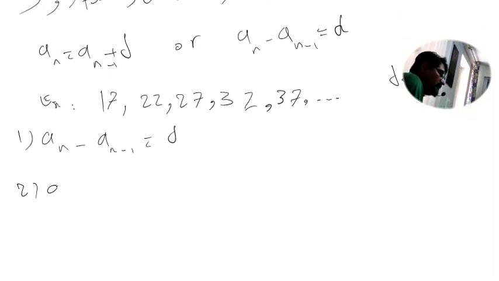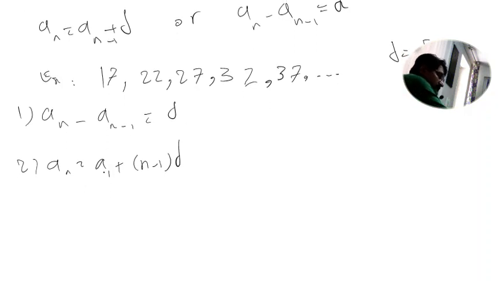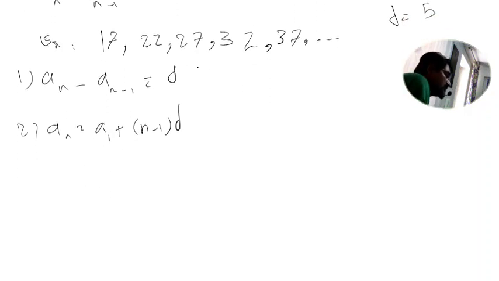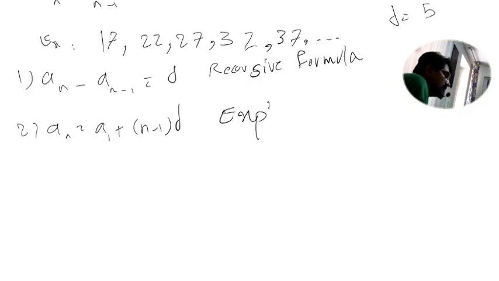Also, an is a1 plus n minus 1 times d. This is the recursive formula, and that is the explicit formula.